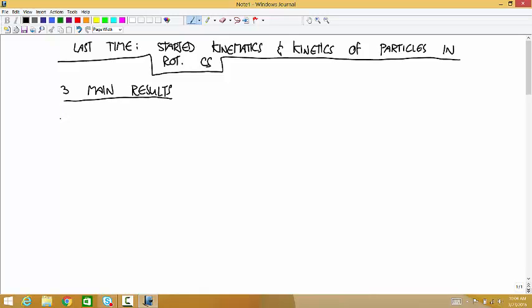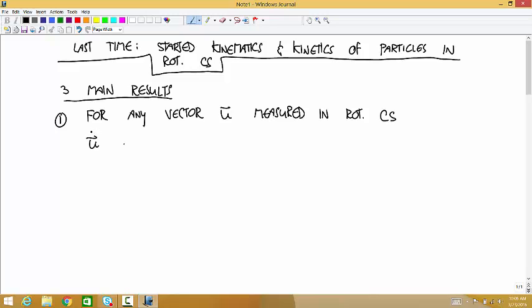The first one is, for any vector u measured in a rotating coordinate system, the time derivative of u is equal to the time derivatives of the components of u plus this correction term that's equal to the angular velocity of the coordinate system crossed with the u vector.